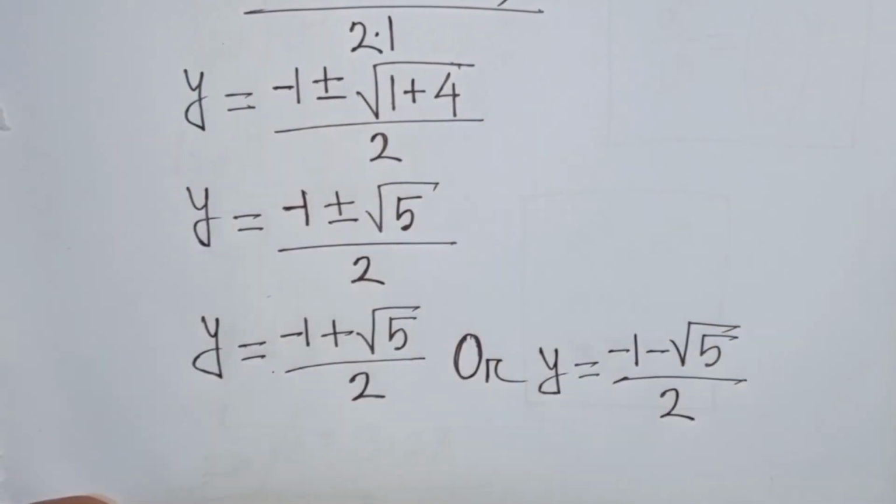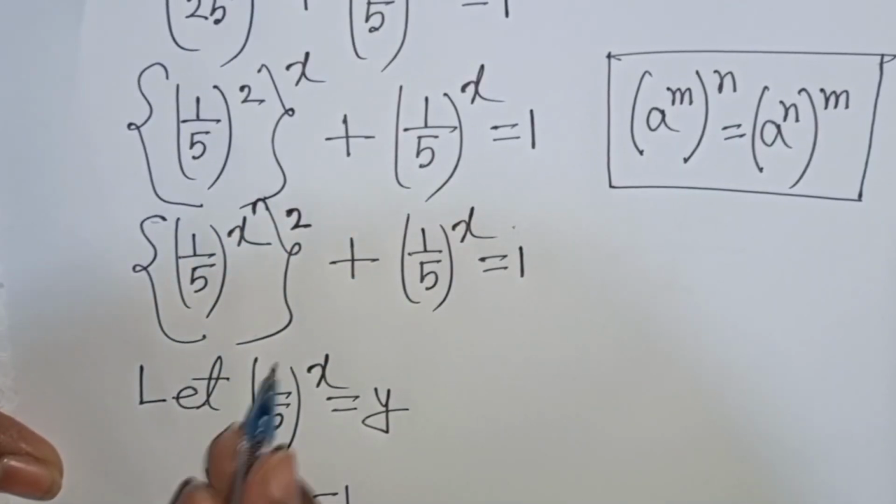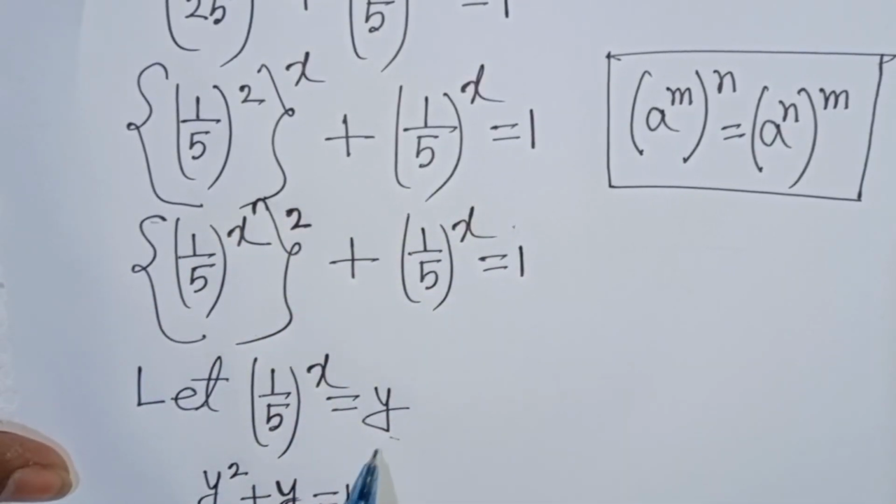But remember that y means 1 by 5 bracket power x was substituted by y.